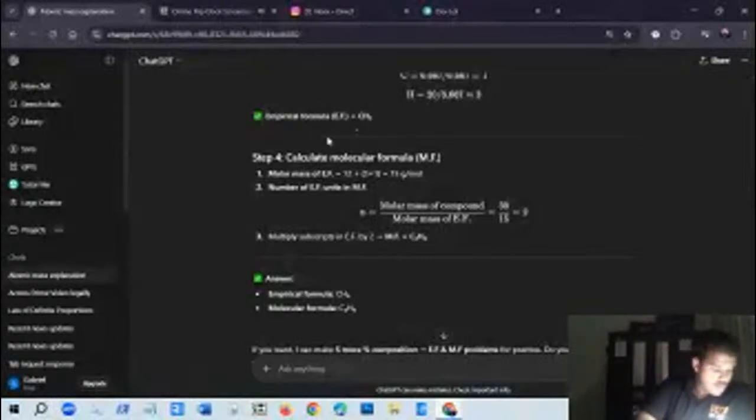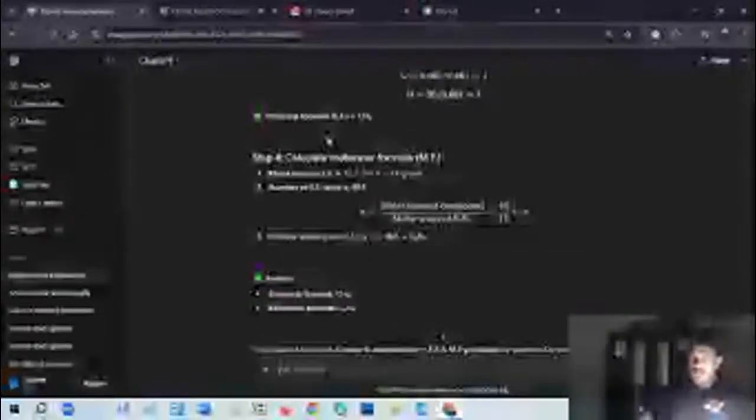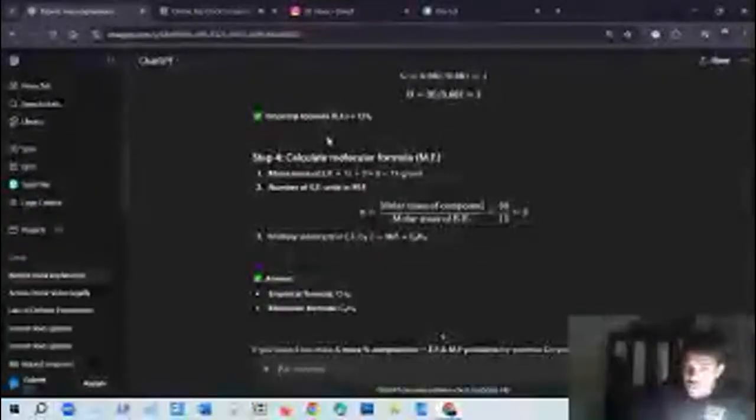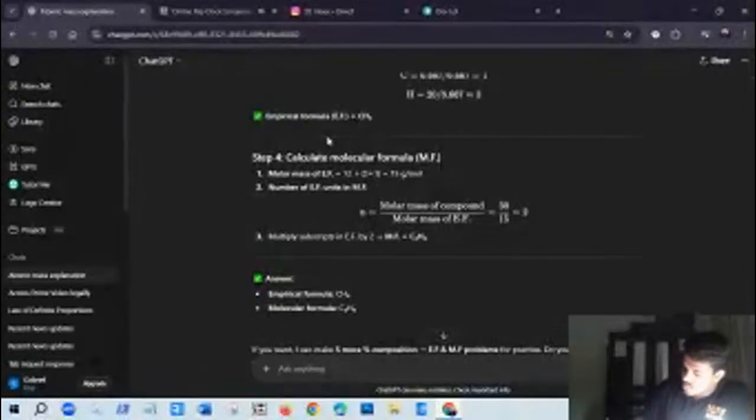Now calculate the molecular formula. The empirical formula mass is 12 plus 3, that's 15 grams per mole.